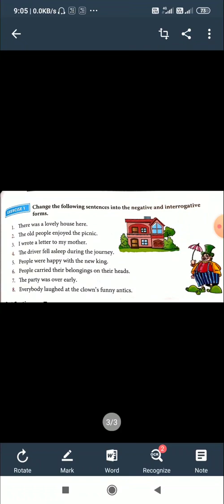I wrote a letter to my mother. Did I wrote a letter to my mother? Or did you wrote a letter to your mother? Two ways we can ask questions. Negative: I did not write a letter to my mother. The driver fell asleep during the journey.